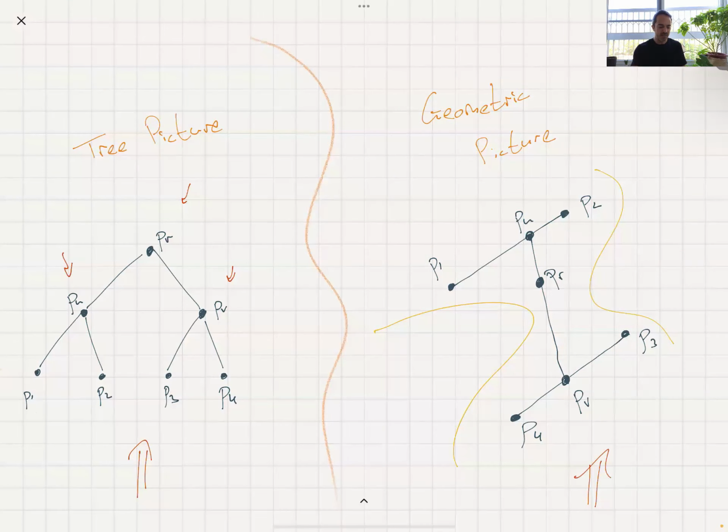And you know that P1 and P2 have a common interlacing, and also P3 and P4, and also PU and PV. And you also know that PU is a convex combination of P1 and P2, and PV is a convex combination of P3 and P4. And PR is a convex combination of PU and PV. That's what you know. And what we just showed is that, okay.